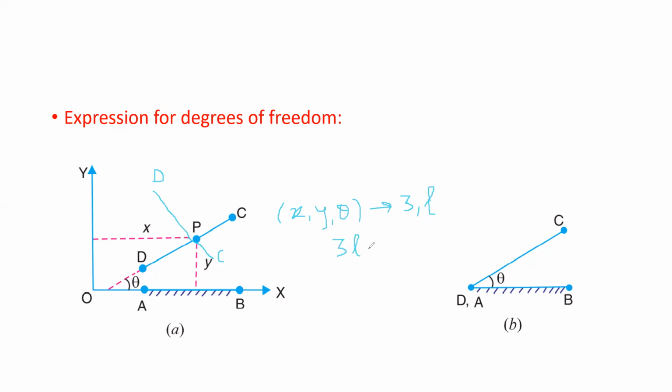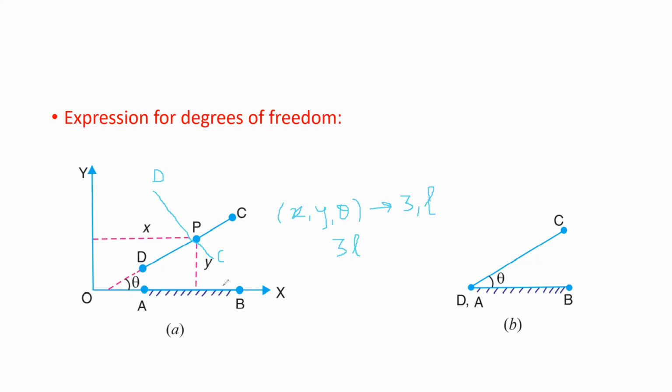Now consider the definition of a mechanism. In a mechanism, one of the links is fixed. Suppose there is this fixed link AB. Its position will never change with respect to time.